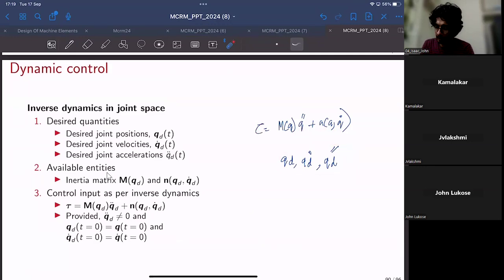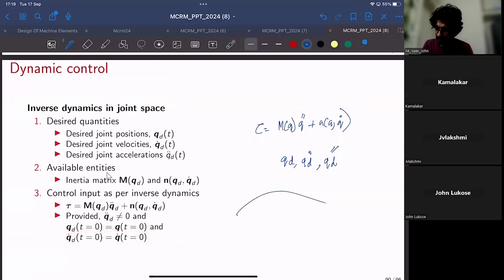And this open loop control input will only work when q desired double dot is not 0, and the initial positions of the desired and actual are equal, and the initial velocities of the desired and actual are also equal.